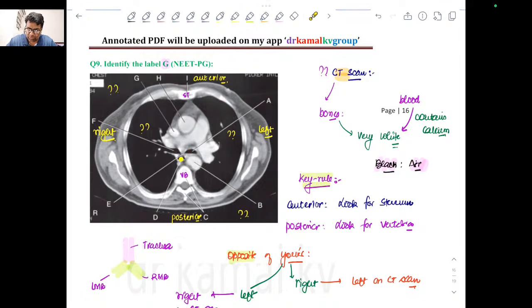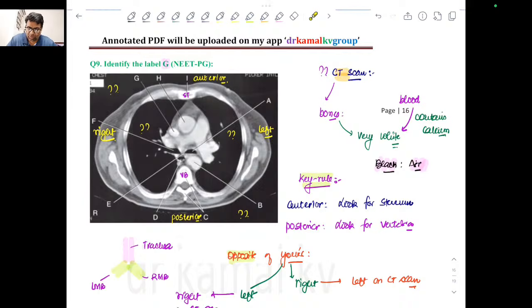Now posterior to the bronchi you can see one more black area. This contains air and is actually the esophagus. Clear? So D is what? Esophagus, and the esophagus also contains air, so it gives a black impression on CT scan. So right main bronchus, left main bronchus, esophagus. Clear? We are done with the black impressions on the CT scan.